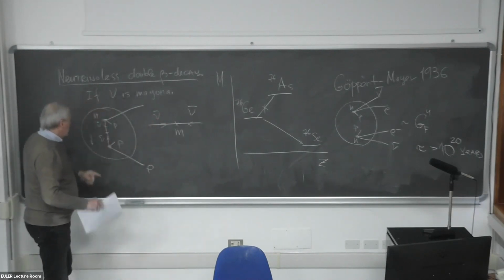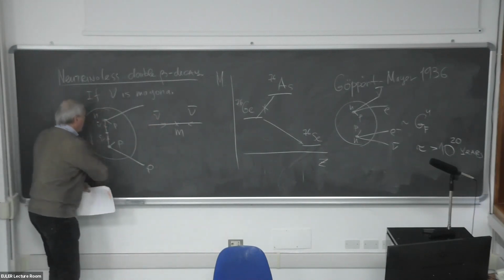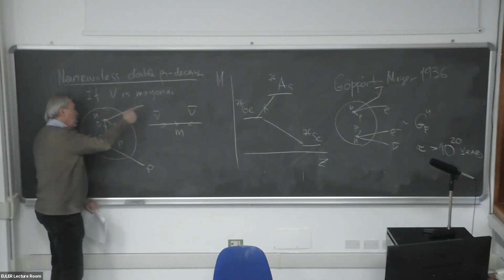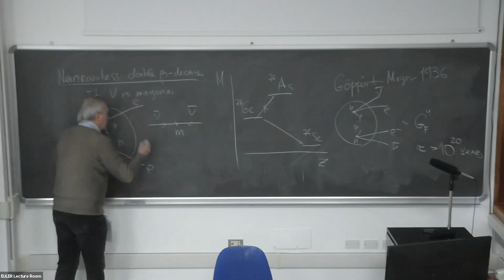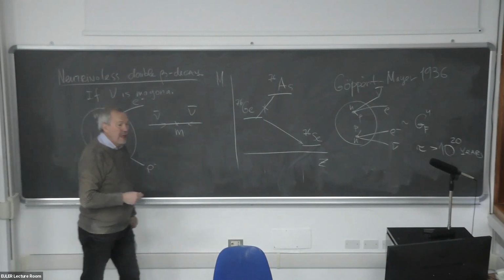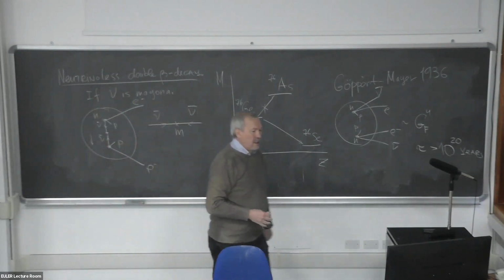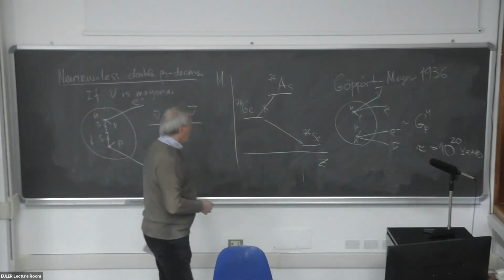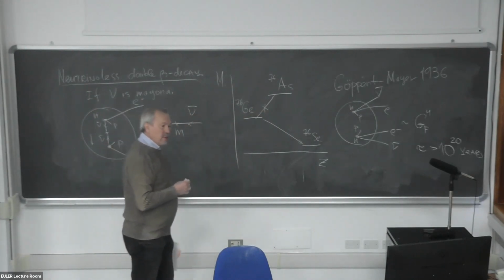And this is what happens here. So what may happen that neutrinos are not going out, but they are absorbed inside, and what is going out is just two electrons. So this is the origin of the name neutrinoless. So you still have the same transition as we discussed before, but without emission of neutrinos.